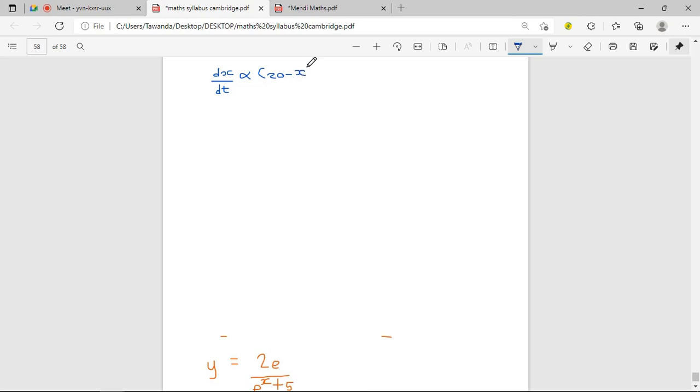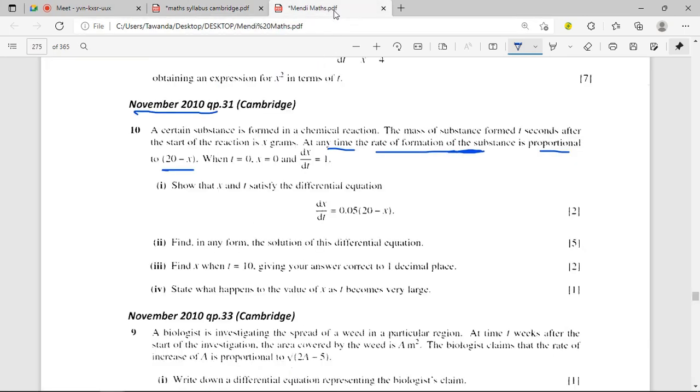So we have come up with a mathematical expression from a sentence because we identified the rate of formation. It will be positive because we are forming a substance, and it is direct proportion.